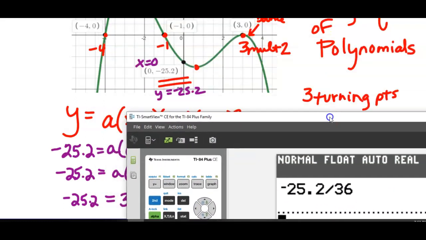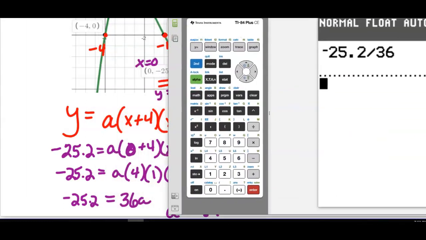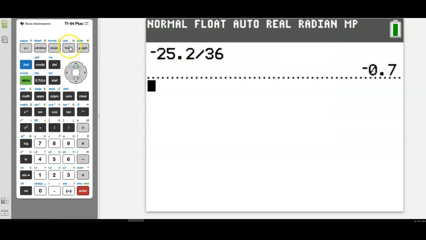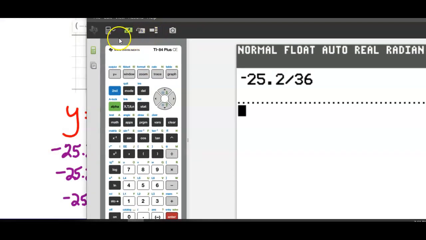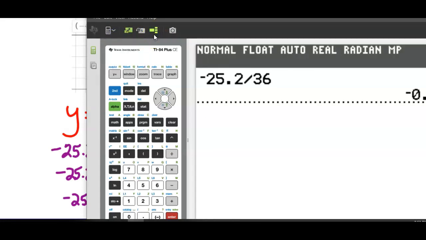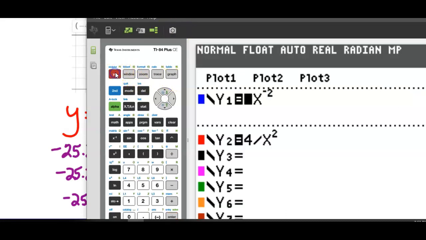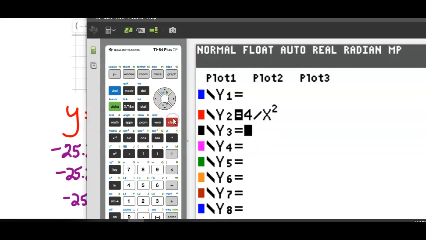All right, this is not where I want this to be. All right, I'm going to go to y equals.